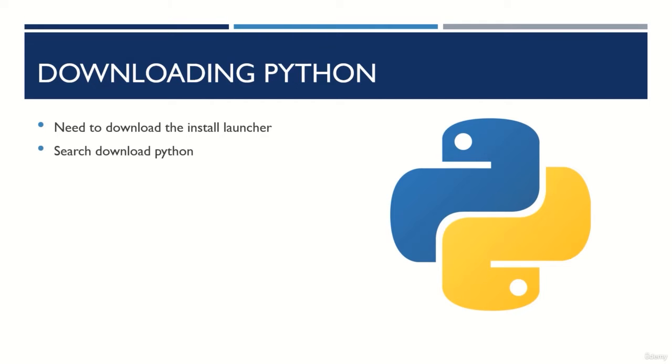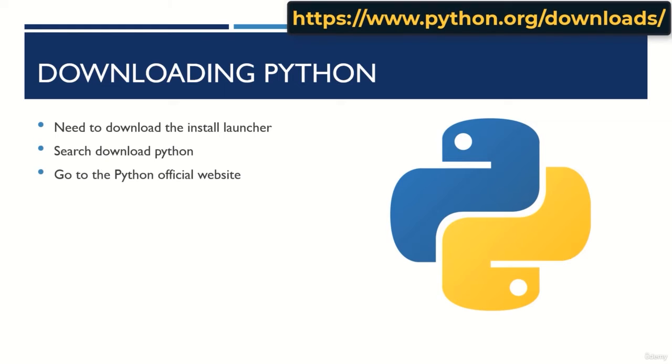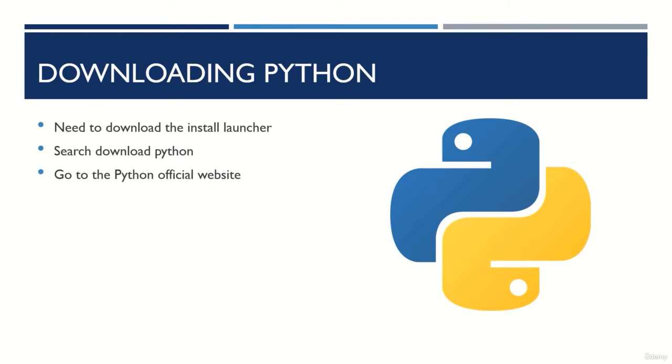You can go to the Python official website by using the website link directly without any need to type download Python in the search box. Try to use the URL directly for that website to save your precious time.